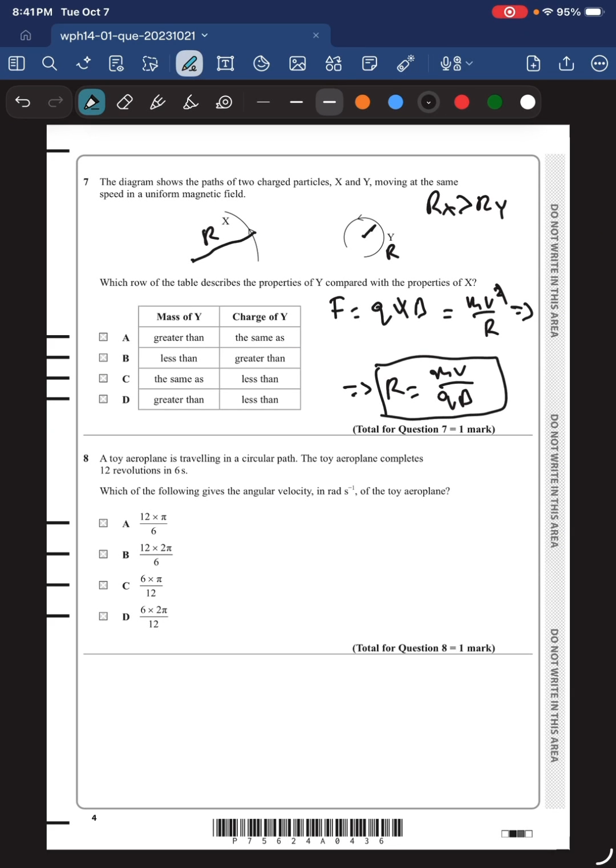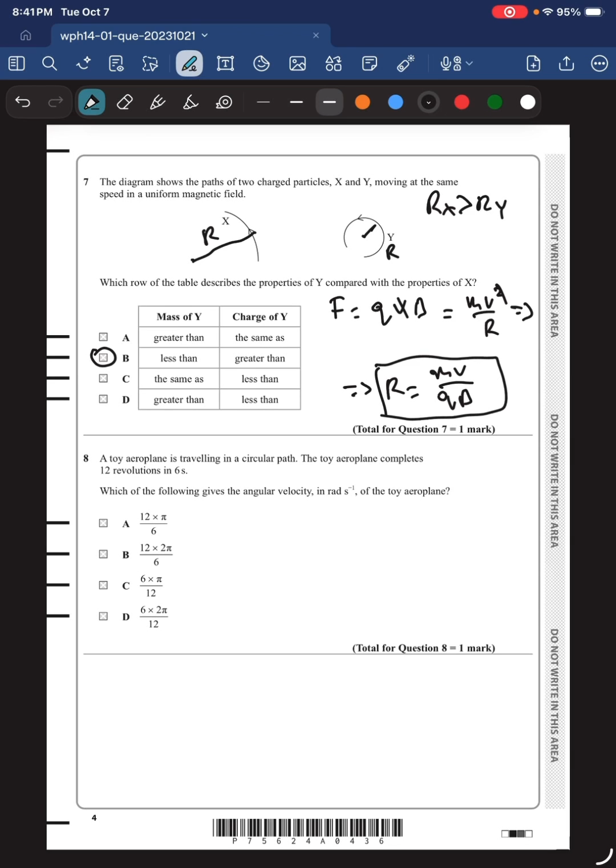Now B, the mass of y is less than the mass of x. Okay, it could be, and then it says that the charge of y is greater than the charge of x. Okay, that's a possible answer, right? Because that will lead to a smaller radius, so r_y will be less than r_x. And in fact, I think, yeah, this is the answer, B.